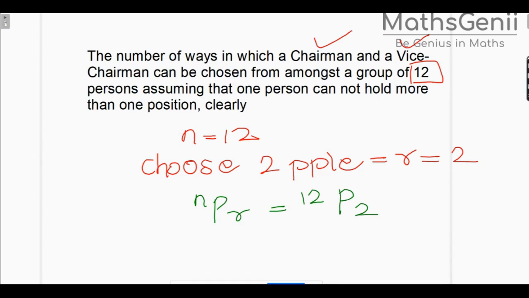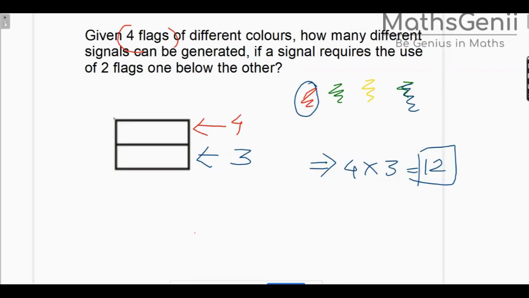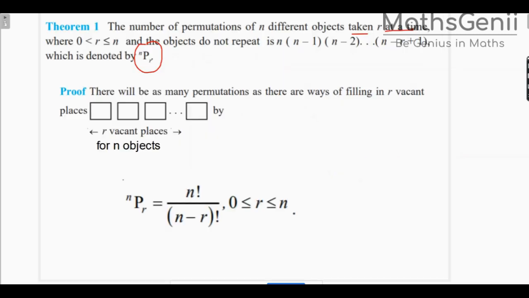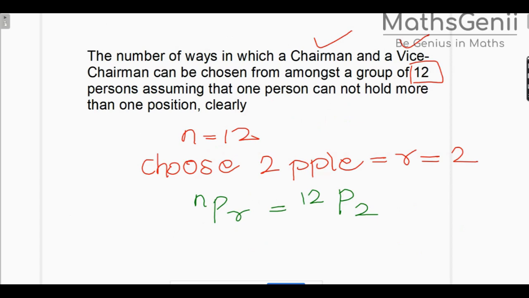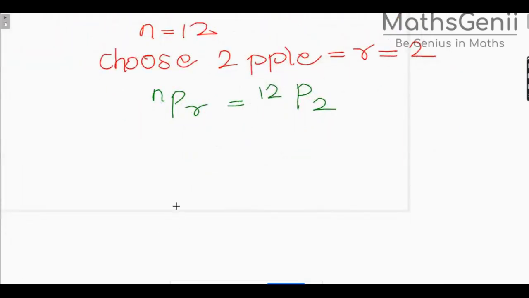Now let's go back to where the formula was. Yeah. So the formula was nPr is equal to n factorial upon (n minus r) factorial. So I'm writing the formula here. nPr is equal to n factorial upon (n minus r) factorial, with the bracket.